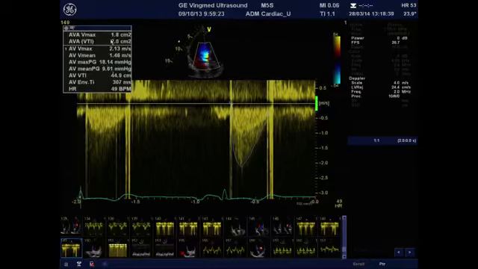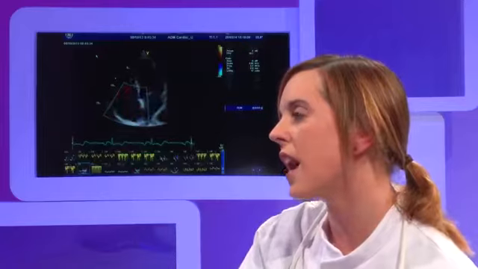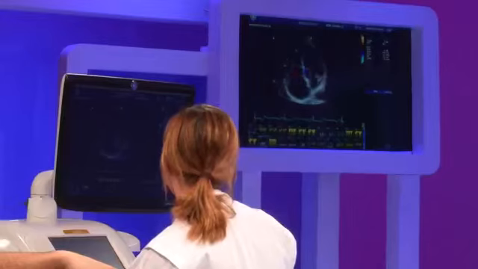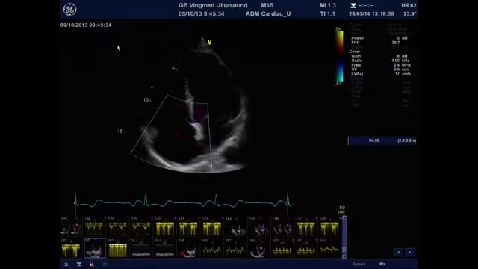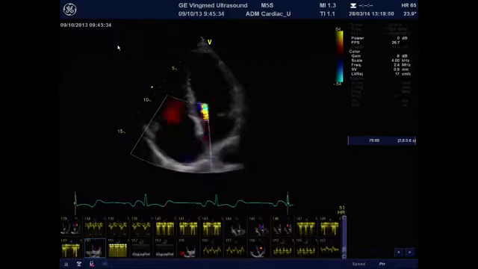And here in that view we obtain by the continuity equation an aortic valve area of 2 centimeters squared, which is completely normal. Then you should quickly assess some important repercussions that you can find in the case of significant pathological leakage.